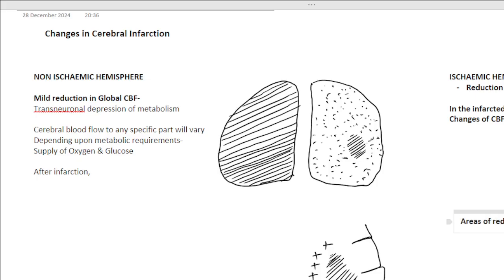So areas of reduced blood flow are bordered by increased blood flow.